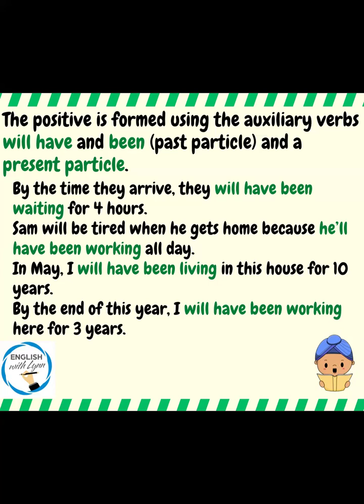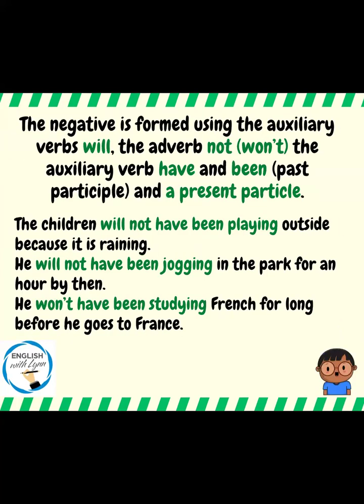And then we have the negative form. And like the other negative forms, we are adding not into it. And we are making contractions usually. So we are joining the will and the not together to make the contraction won't.